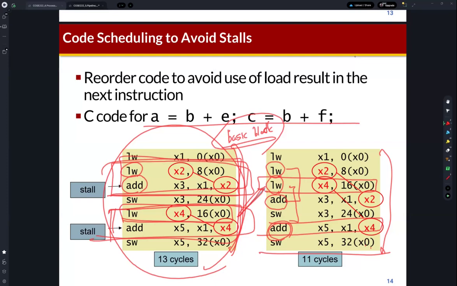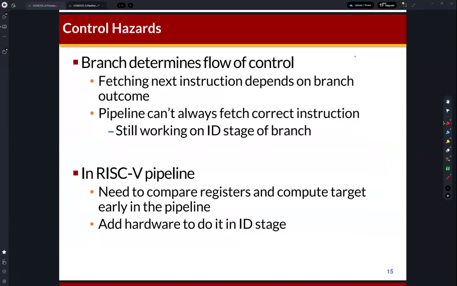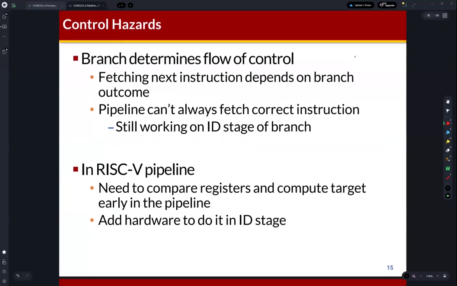So inside of a basic block, compilers can reorder instructions to avoid data hazard. And then control hazard. Control hazard is caused by the control instructions. Think about BEQ X1, X2, and target.